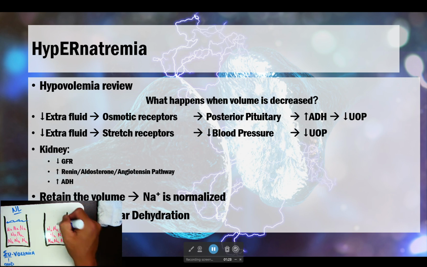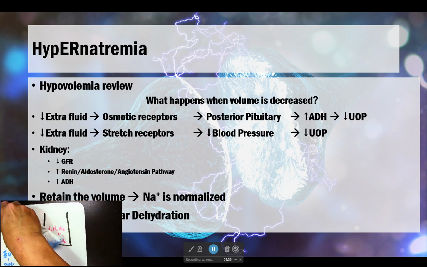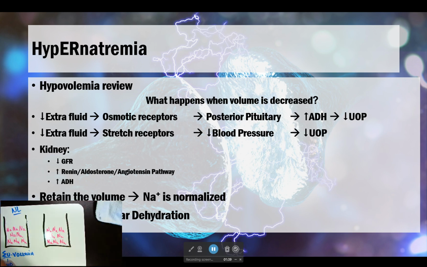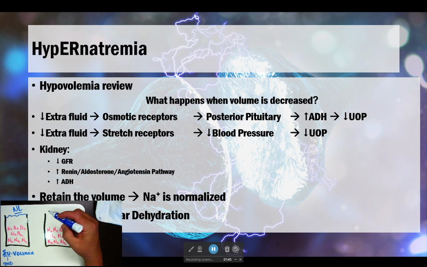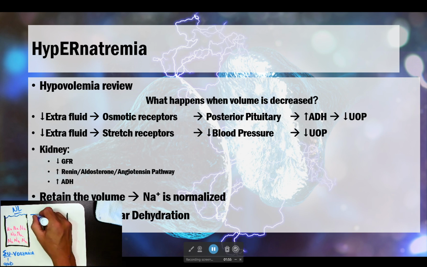In this container, I'm going to draw this a little bit differently, just so there's a greater differentiation here. So we put that much volume in there. We're considering that normal volemia, euvolemia. In this container, we have less volume. Notice the sodiums are the same, but there is this much difference in fluid.